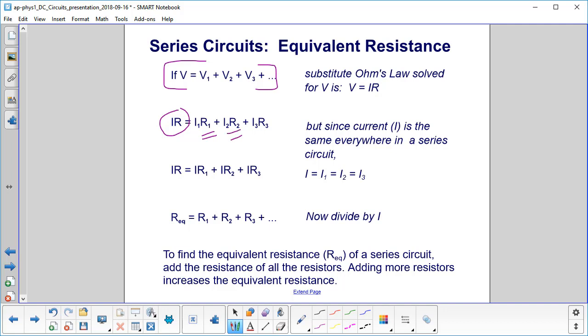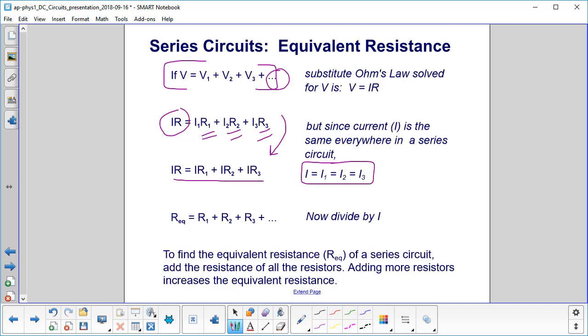Here's resistor 2, here's resistor 3. This will work for any number of resistors. We're just going to cut it off at 3 here to make the point. What can we do between here and here? Well, we know that the current is the same everywhere. So if it's the same, we don't need the subscripts, just call everybody I. Can you see the next step?